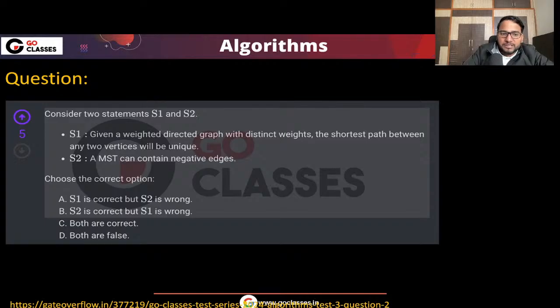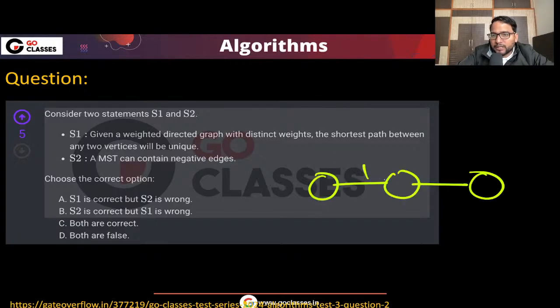Okay. Now let's see this question. Consider these two statements. Given a weighted directed graph with distinct weights, the shortest path between any two vertices will be unique. So do you think the shortest path will be unique if the weights are distinct? No, right? It can be like this, 1, 2, and then this could be 3.